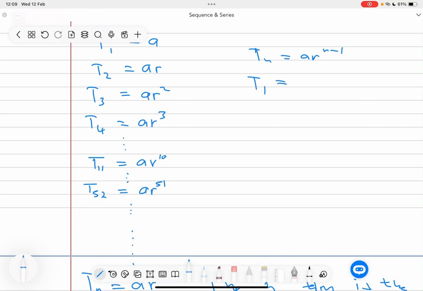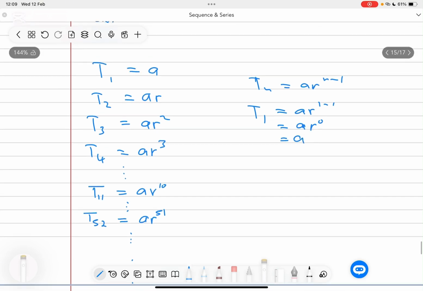That would mean that I'm going to have a r to the power 1 minus 1, and this will give me a r to the power 0, which actually would be a, because r to the power 0 is just 1. And that is exactly what we found for term 1. So we can find any term using the formula because it's a general formula. You can try this with term 2 as well.